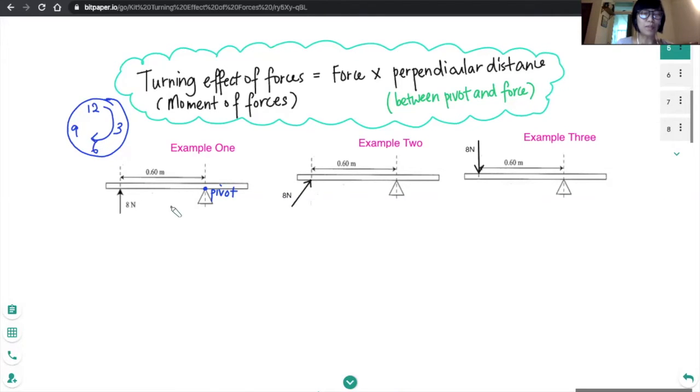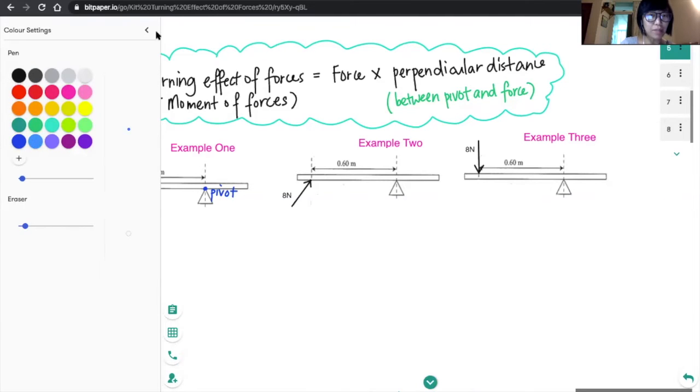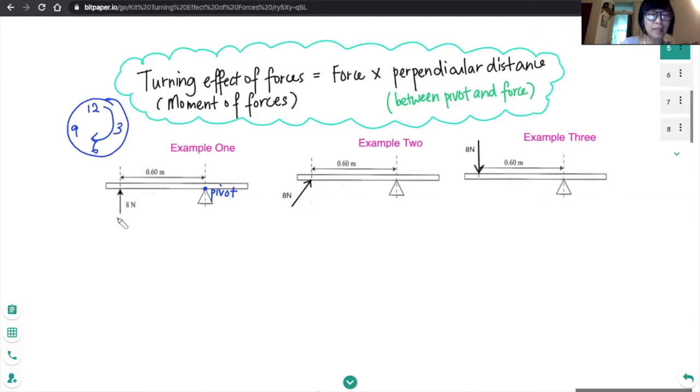Okay, so now let's look at example 1 again. So we have labeled the pivot, and the 8 Newton force is upwards to the left of the pivot. So as you can imagine, the force will cause the plank to rotate in this direction. In this direction, we will label it as clockwise.